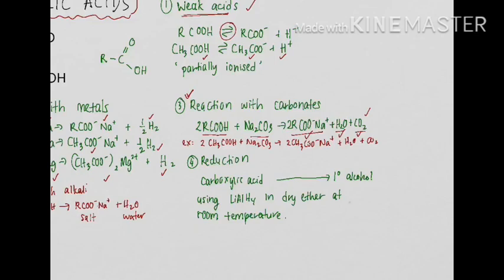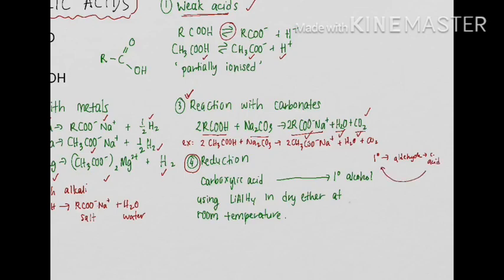Now the last part is the reduction. Reduction is the reverse of oxidation. We have learned that primary alcohol can be oxidized to become aldehyde, and aldehyde can be further oxidized to become carboxylic acid. But now it's the other way around.